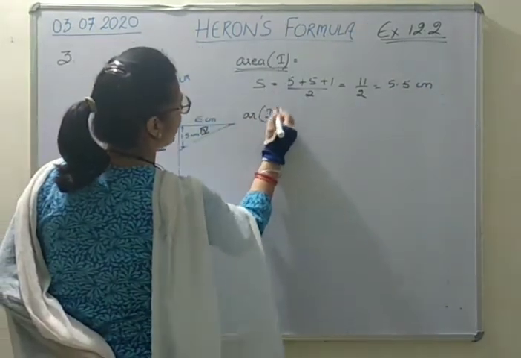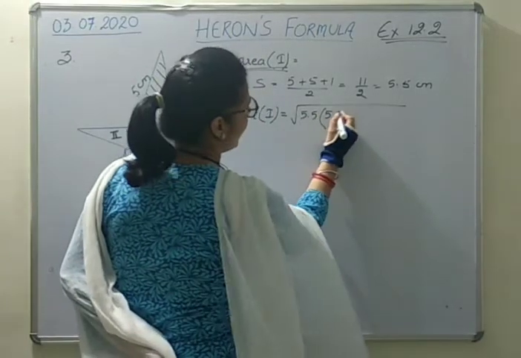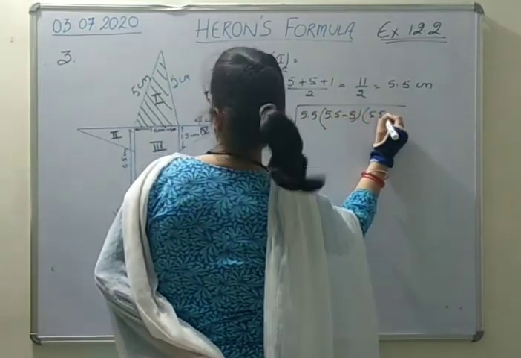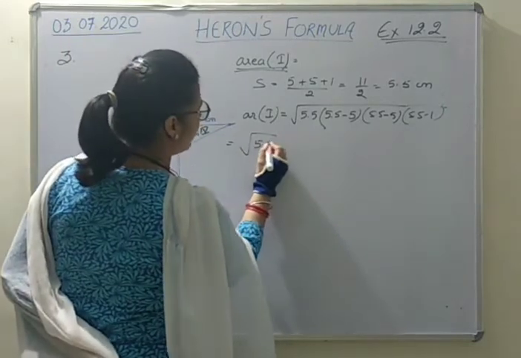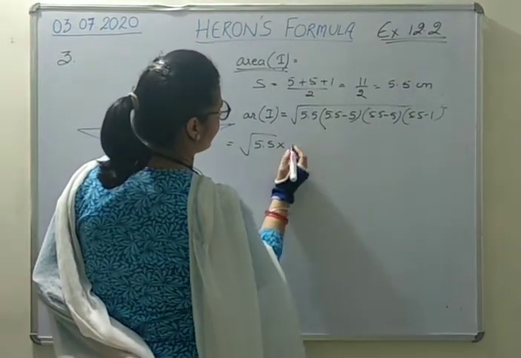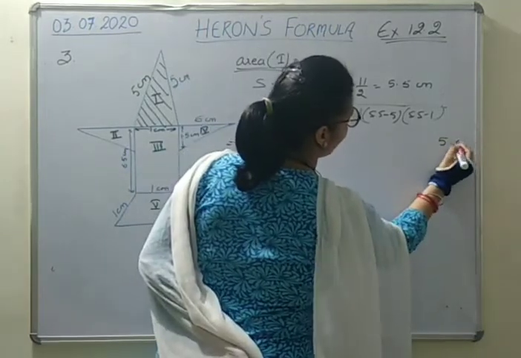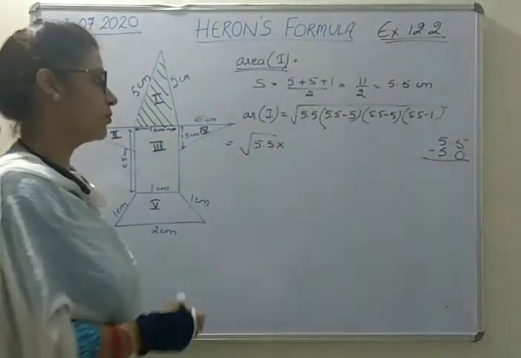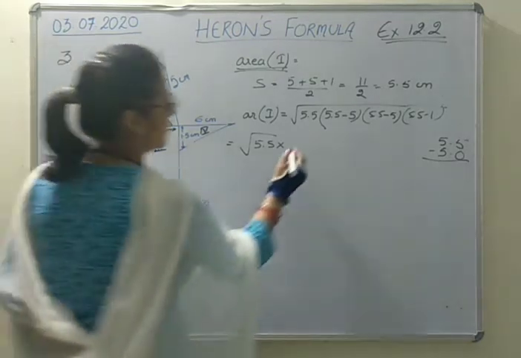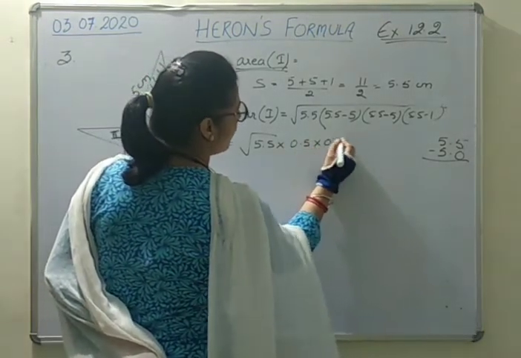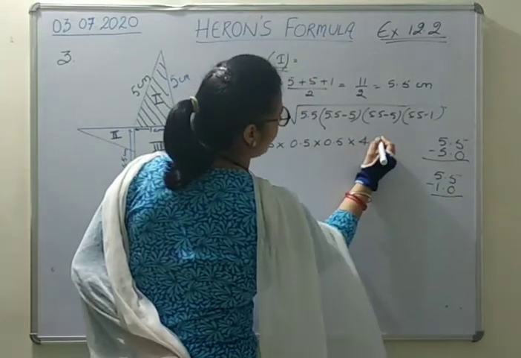So the area of part 1 will be under root 5.5 into (5.5 minus 5) into (5.5 minus 5) into (5.5 minus 1). 5.5 minus 5 is 0.5, and 5.5 minus 1.0 is 4.5.